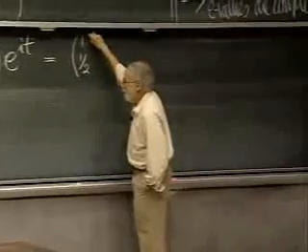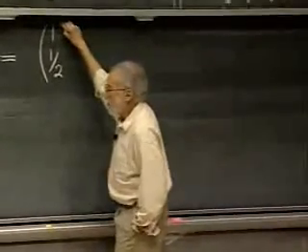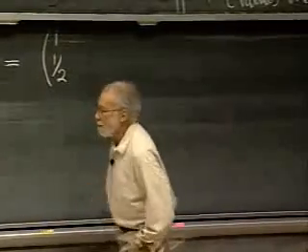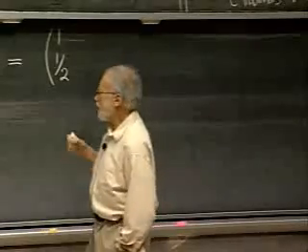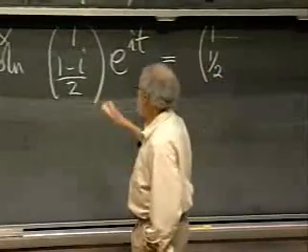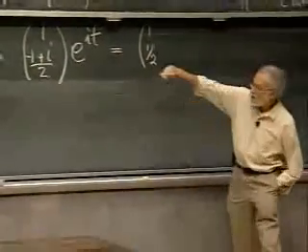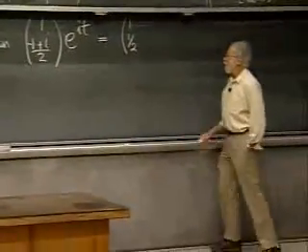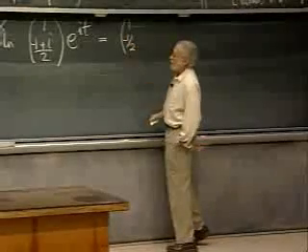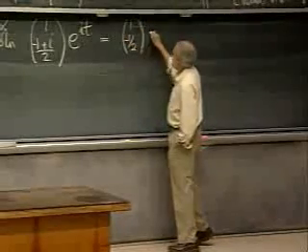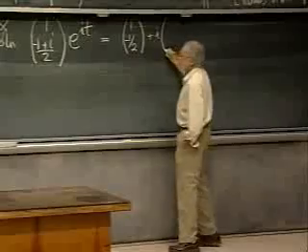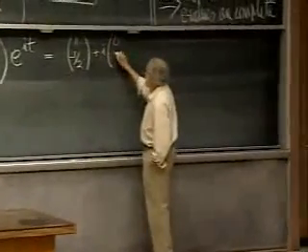Is that negative? It should be negative 1, so minus this plus that, because I didn't put it on the right sign. Okay, so it's minus 1/2 plus i times 0, 1/2.